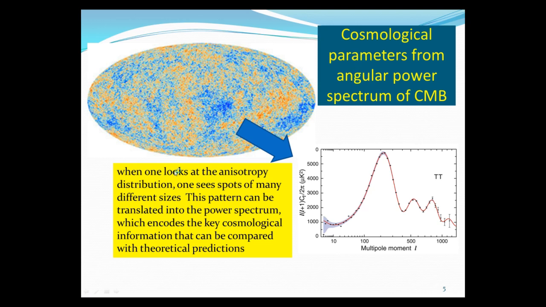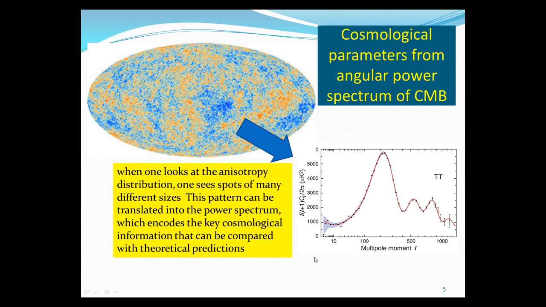When we're looking at anisotropy distributions like this, we see spots of many different sizes. This pattern can be translated into a power spectrum, which encodes the key cosmological information that can be compared with theoretical predictions. So you look at this because that represents the various cosmic parameters that produce this curve, and that can be compared with the model you have.